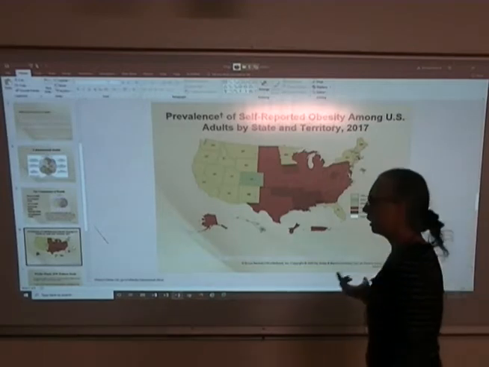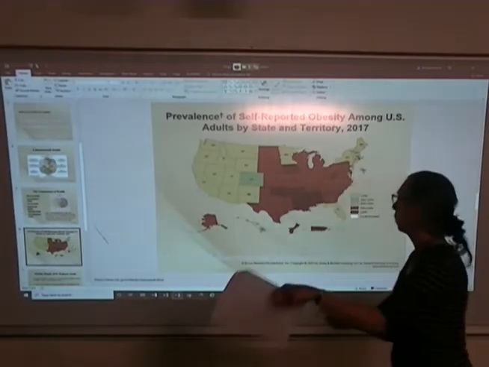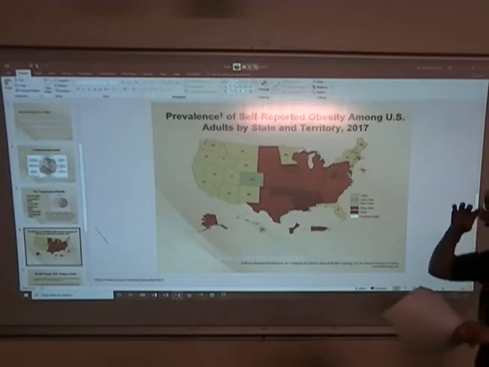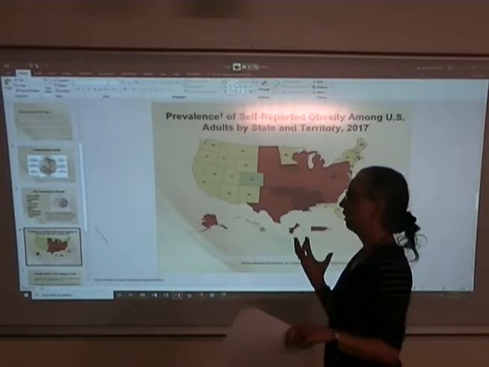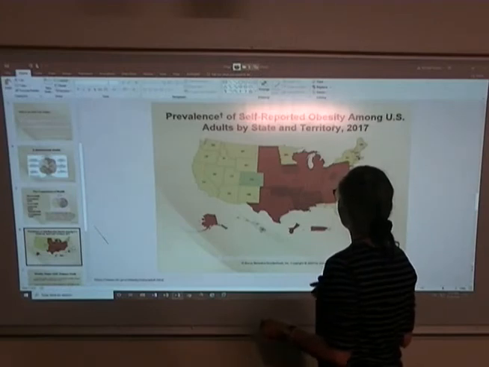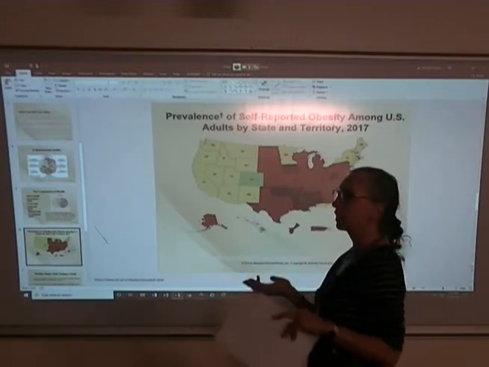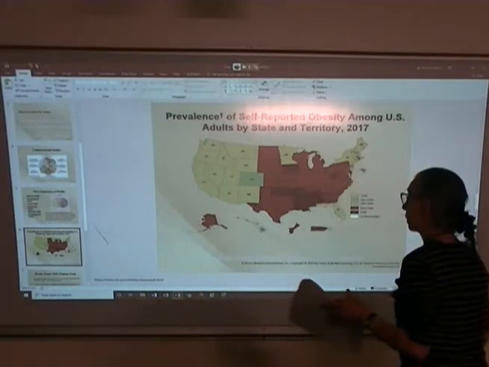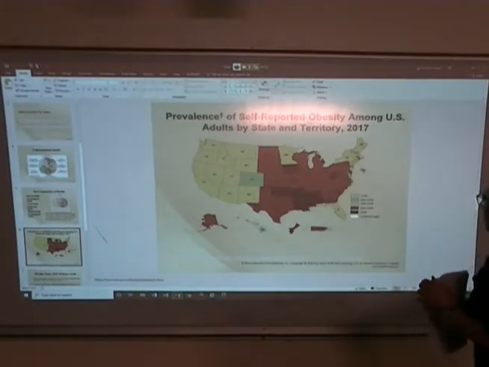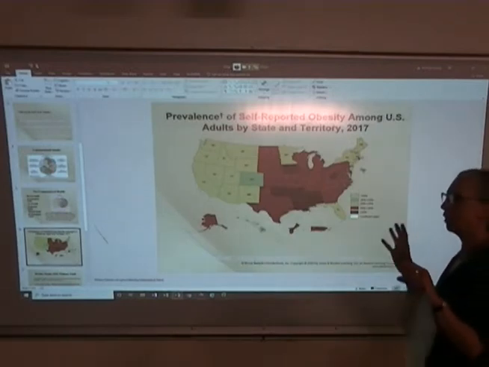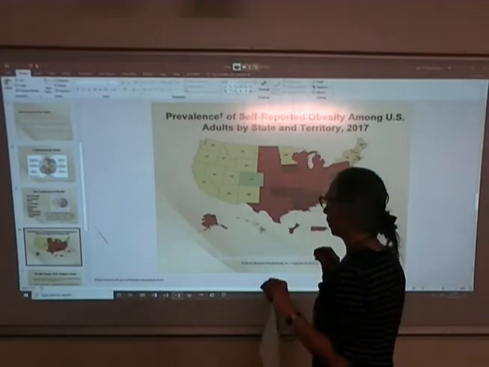The CDC, the Center for Disease Control, produces these prevalence maps about once every 2 or 3 years. You can go to the CDC website and look at older maps, although they're suggesting you can't necessarily compare them anymore because the way they're reporting the data is slightly different now.